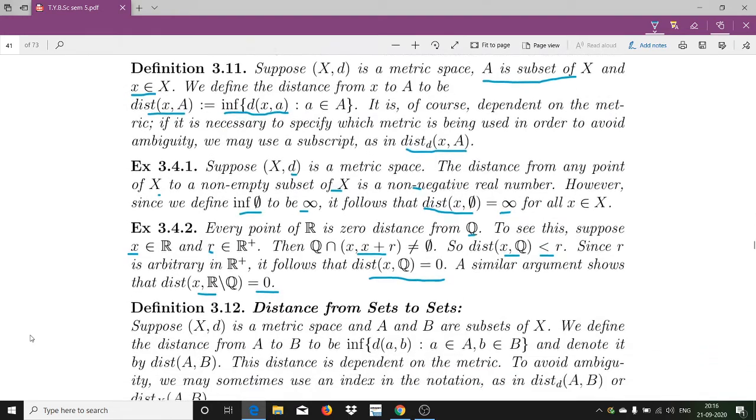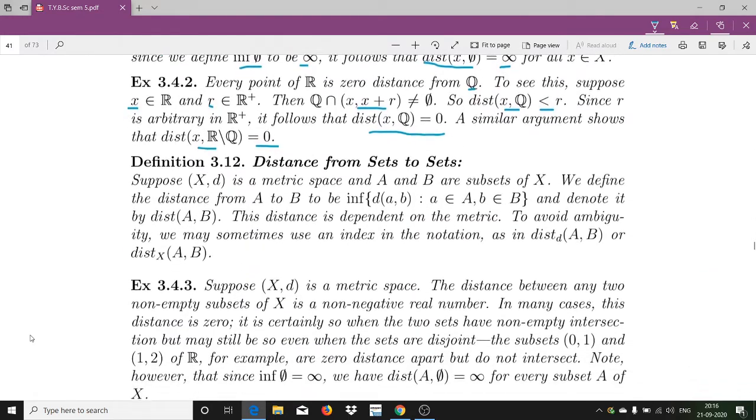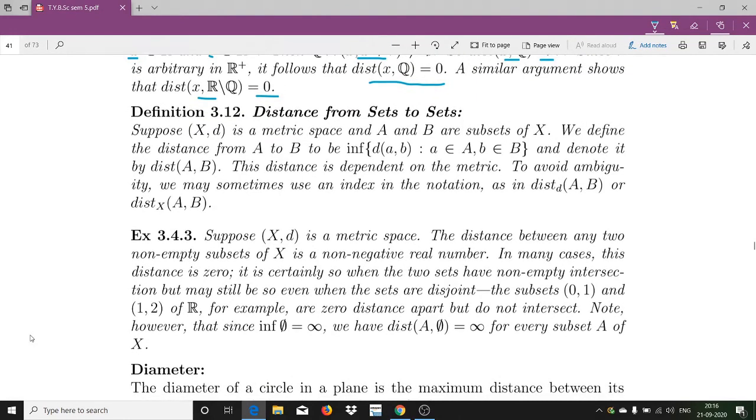Now, next we will extend the idea of distance from a point to a set. Now we will extend this to distance from set to set.